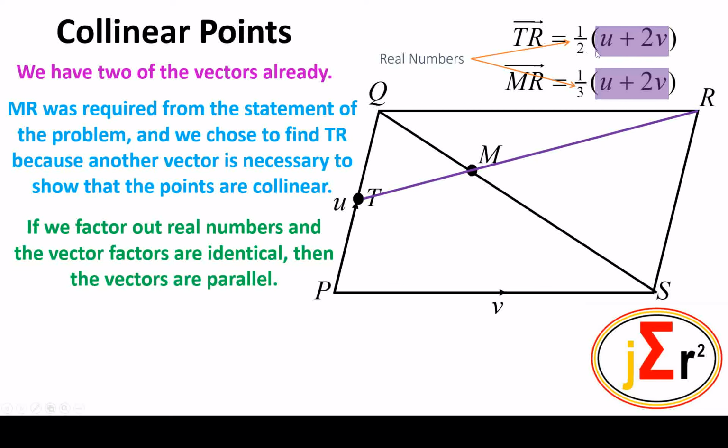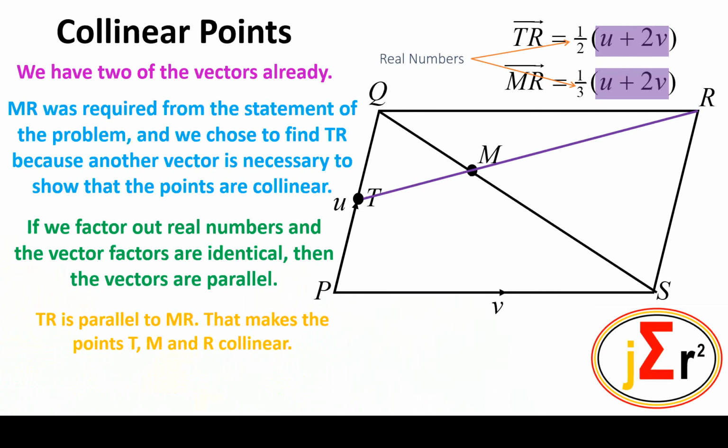So the factor that we have in the brackets, which in each case is a vector, and they are identical, these being real numbers, we are sure that these two vectors are parallel. And since the two vectors are parallel, then we know that the 3 points are collinear. TR is parallel to MR. That makes the points T, M, and R collinear.